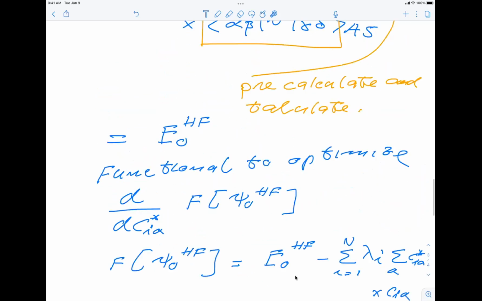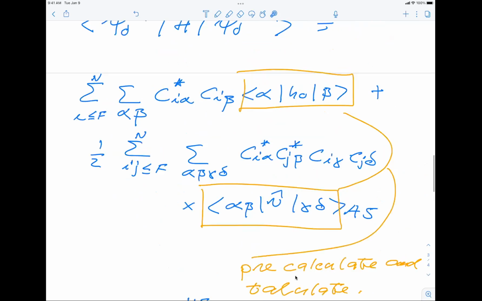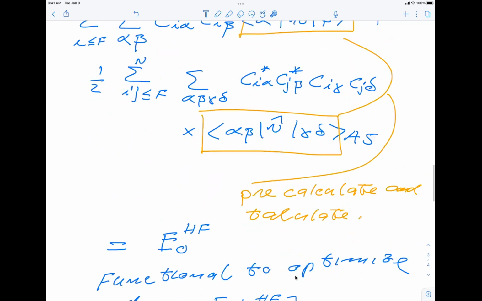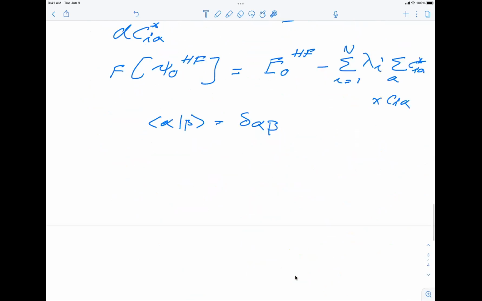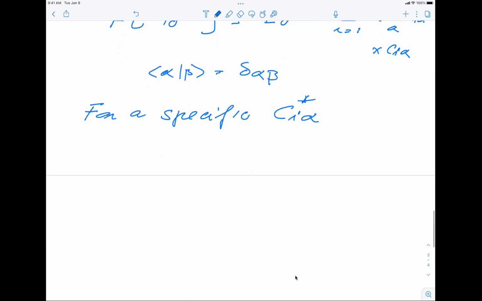So if we take the derivatives now, we go back to the equation here. For the first term, we are taking away the sum over i, because we're looking at an explicit i. So for a specific i and a specific alpha, Ci alpha, we are getting an equation which is going to look like this.